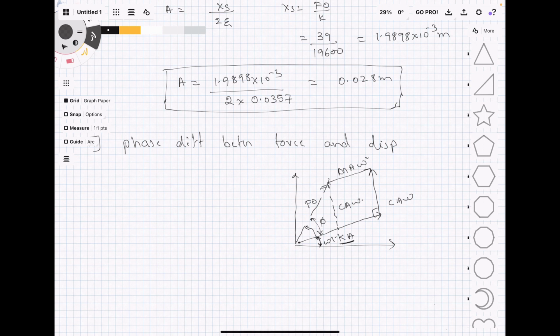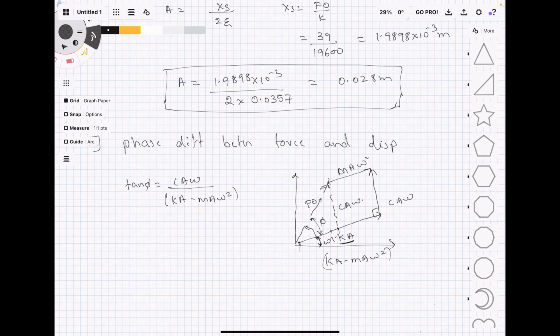If I draw the perpendicular line parallel to this ca omega, I'll be getting this triangle. The phase difference will be between this force line and this. This distance will be ka minus ma omega square. So tan phi will be ca omega divided by ka minus ma omega square.